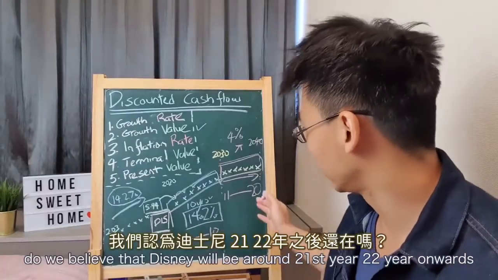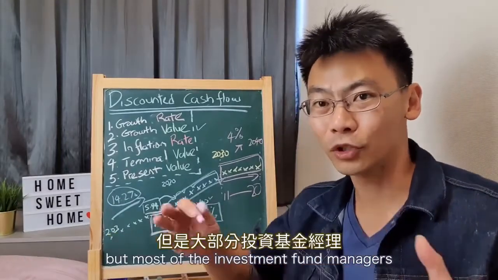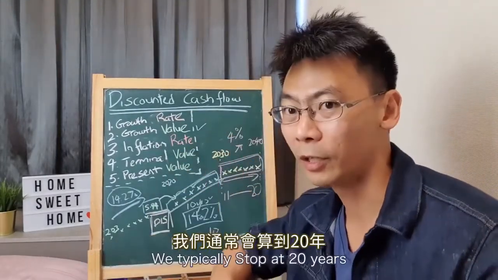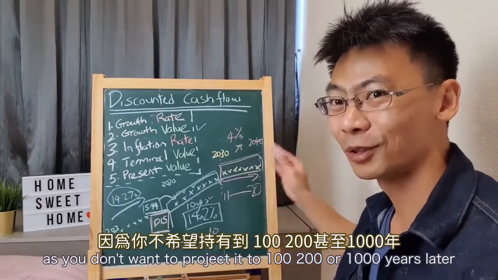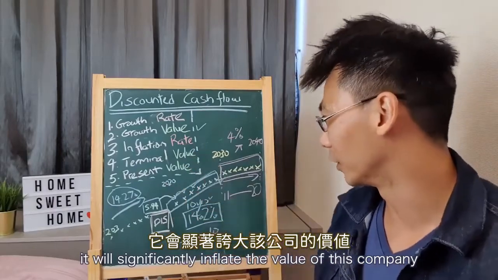Now, do we believe that Disney will be around 21st year, 22nd year onwards? Maybe yes, but for most of the investment fund managers or people who are assessing the value of the company, we typically stop at 20 years as we do not want to project it until 100, 200 or 1000 years later. It will significantly inflate the value of this company.